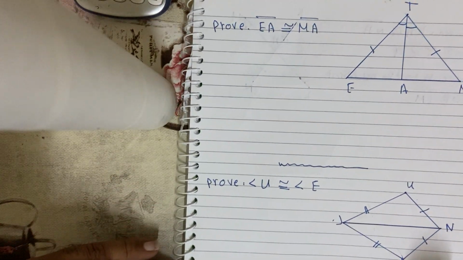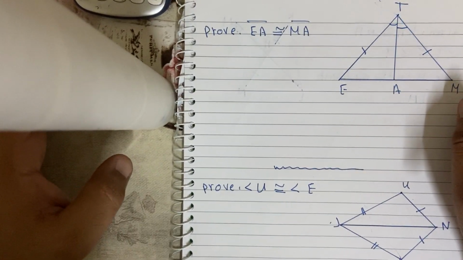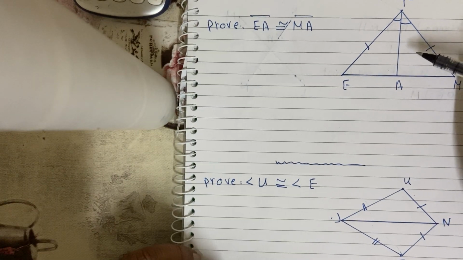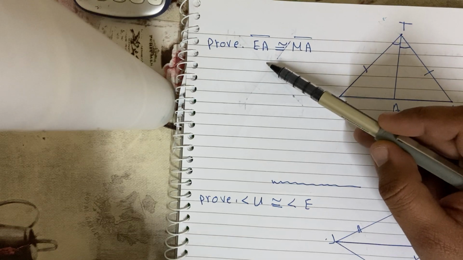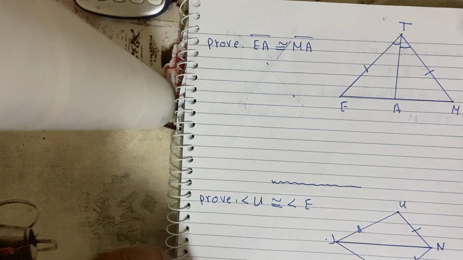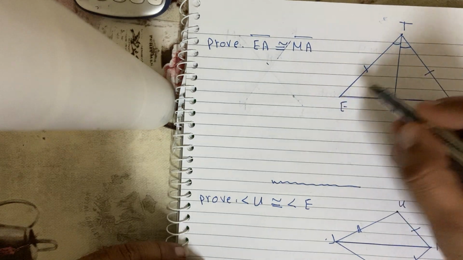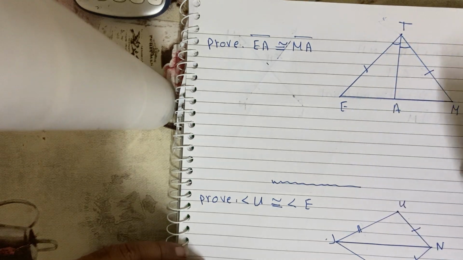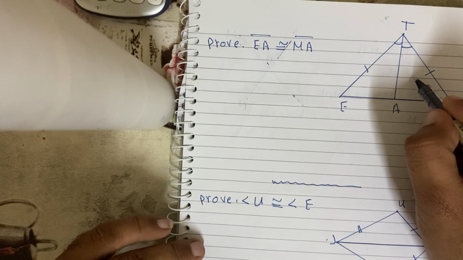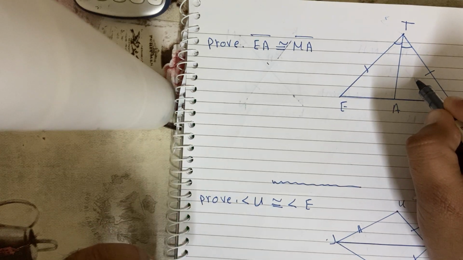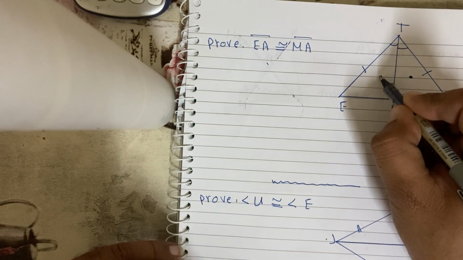Another exercise. Here we have this shape, and we need to prove that EA is congruent to MA. As usual, we are going to try to prove that the two triangles are congruent.